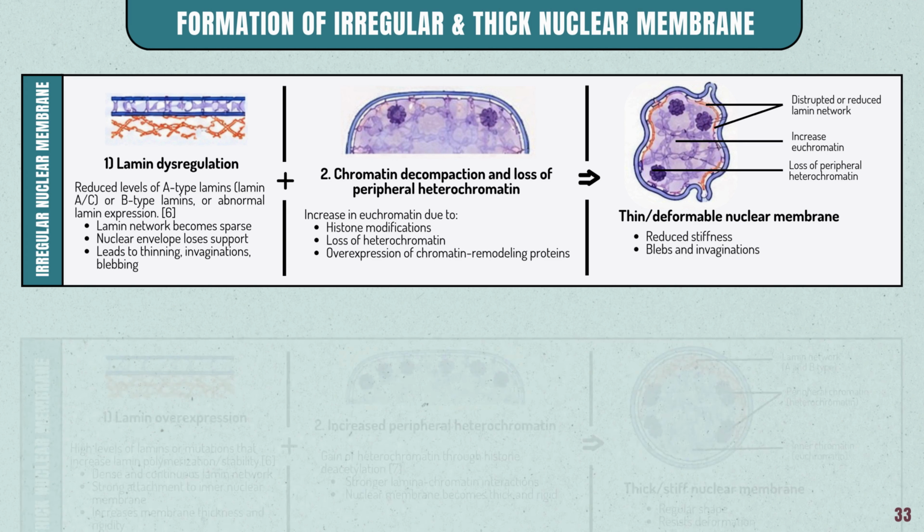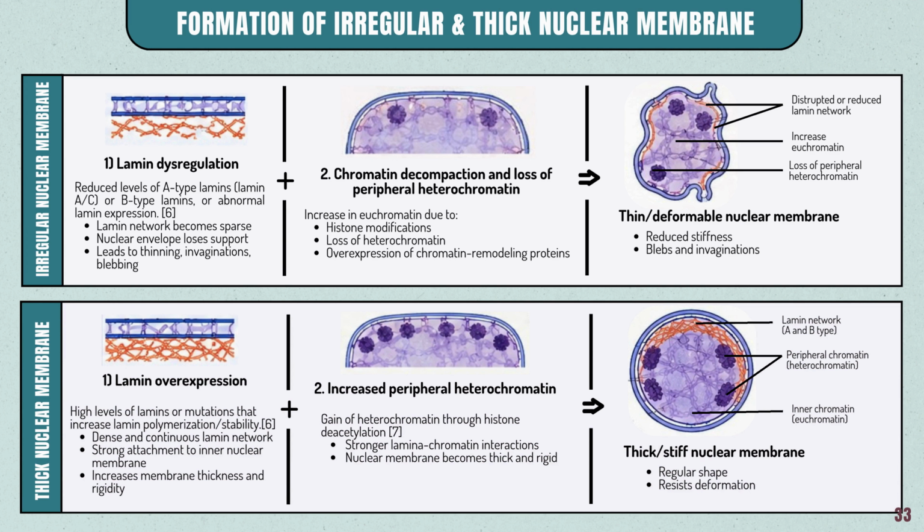Next, thick nuclear membrane forms through lamin overexpression. Overactive LMNA, LMNB1, and LMNB2 genes produce excess lamin proteins, creating a denser lamin network. Histone deacetylation increases heterochromatin, thereby strengthening its attachment to the nuclear lamina.